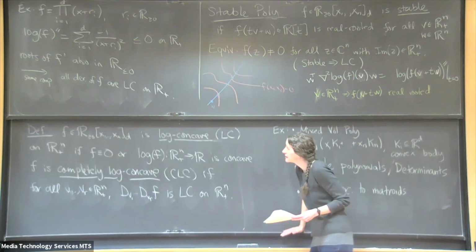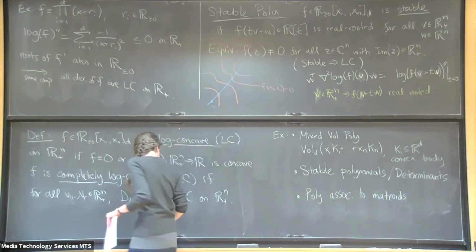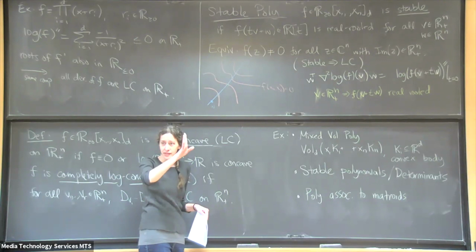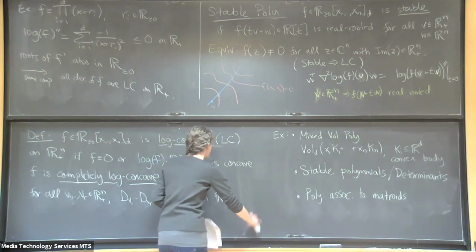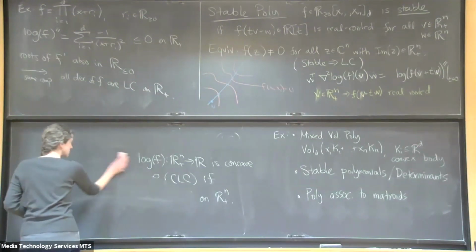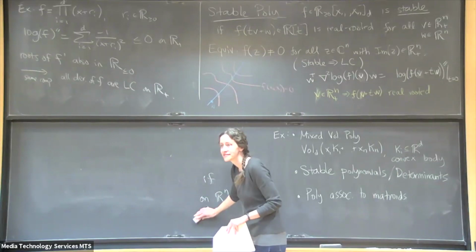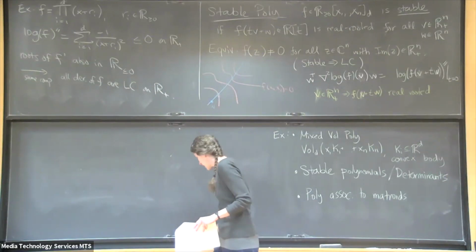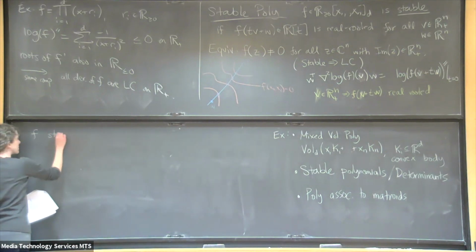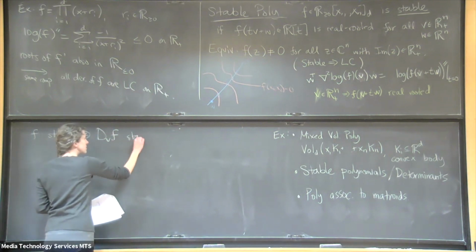Just like you can take derivatives of real-rooted univariate polynomials and you get another real-rooted univariate polynomial, you can do the same thing for directional derivatives in the direction of the positive orthant. So if f is stable, any directional derivative is stable.